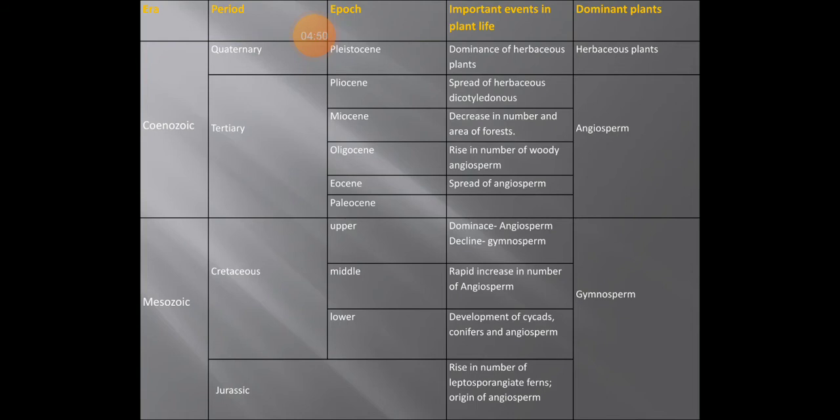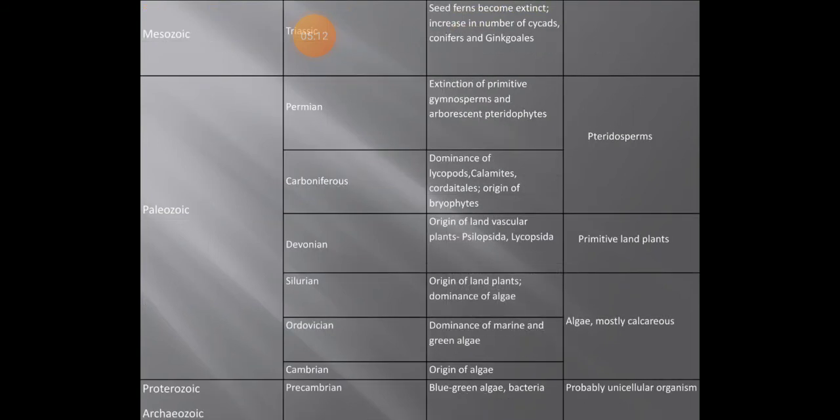Later, in the Miocene epoch, the forest started decreasing in quantity. In each era, different types dominate: in the Mesozoic era the earth is dominated by gymnosperms, but in the Cenozoic era the earth is dominated by angiosperms.